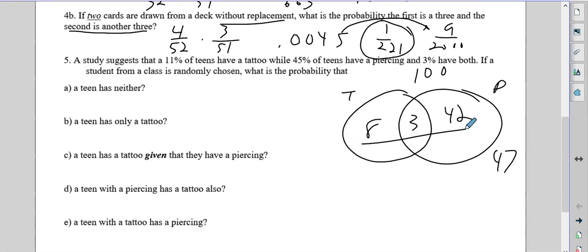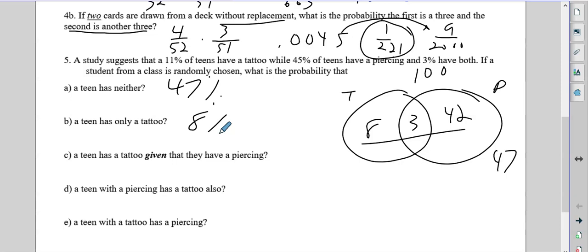So what's the probability that a teen has neither? That's 47%. A teen has only a tattoo. That's the 8. A teen has a tattoo given that they have a piercing.